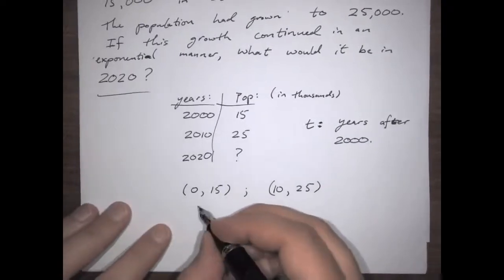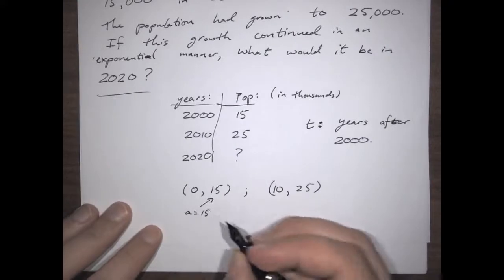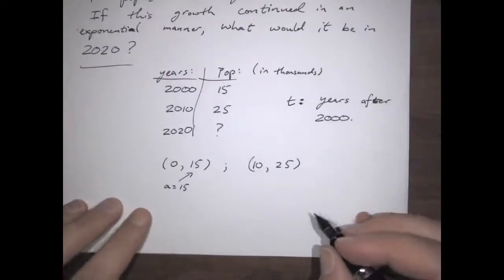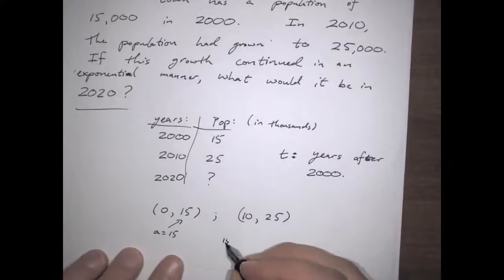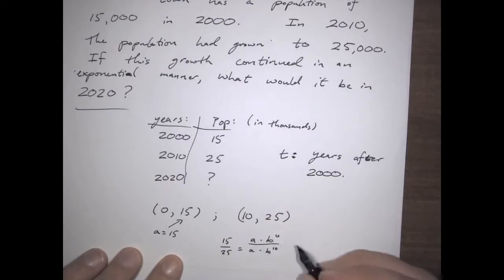We've got 2 points, and one of them even gives us directly the a, because it's the y-intercept. Okay, well then what that means is that we can take the 15 and the 25. That's going to be equal to a times b to the 0 and a times b to the 10, so just the same thing we were doing before.